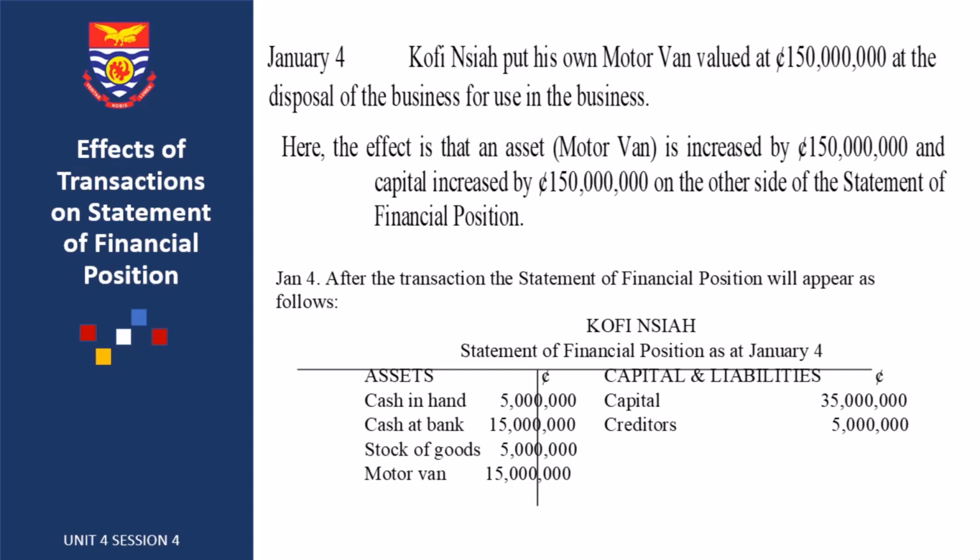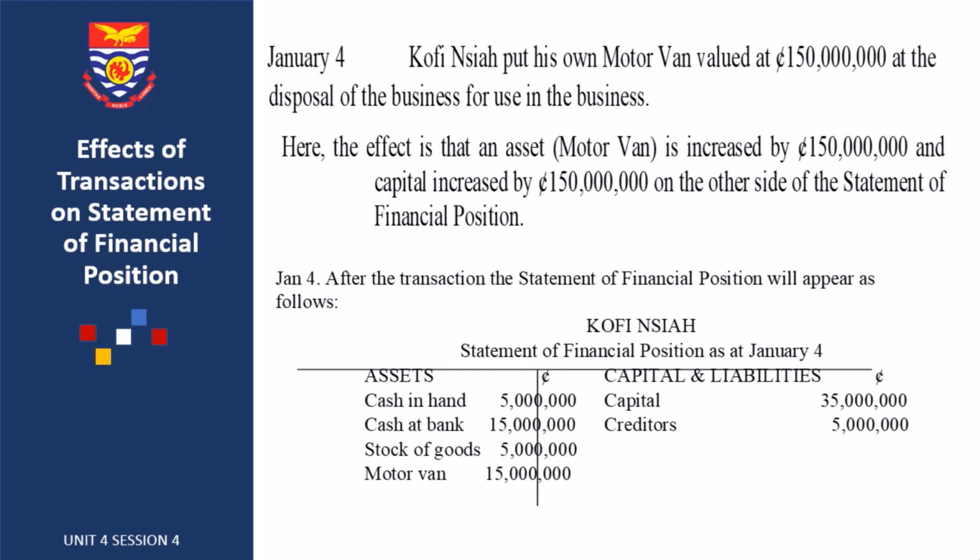Now, what happened is that the owner of the business, Kofi Nsia, contributed extra capital in the form of his motor van. So he gave his motor van to the business to be used for running its activities. Now the motor van has become an asset of the business.